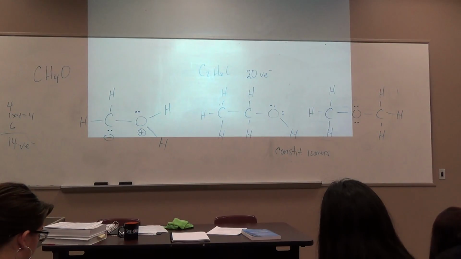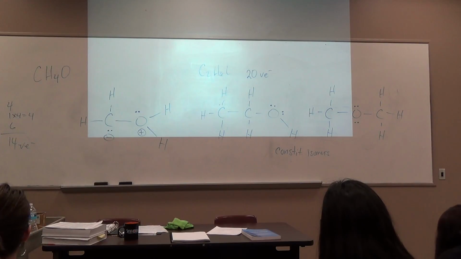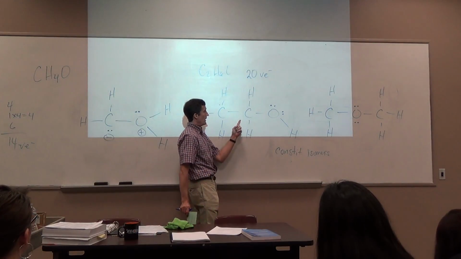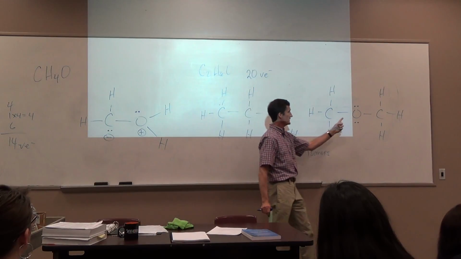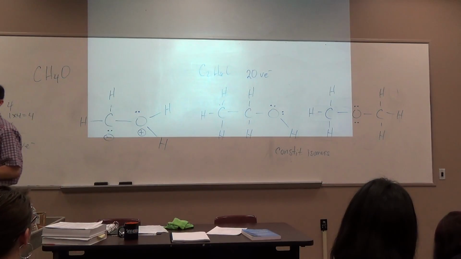All isomers have the same formula. What does constitutional mean? Different arrangement of the atoms. Different connectivity. Over here, we have an oxygen only connected to 1 carbon. Over here, we have an oxygen connected to 2 carbons. Different connectivity.